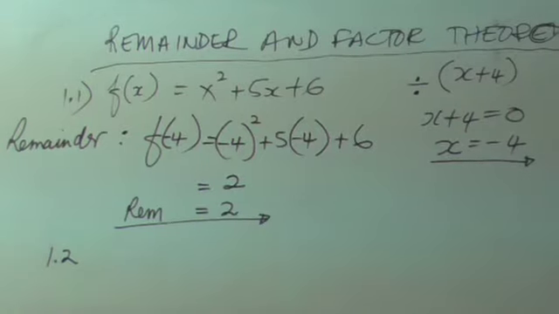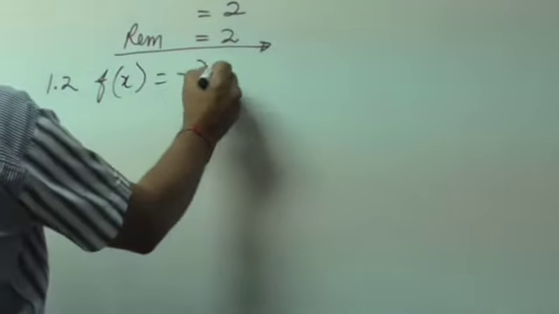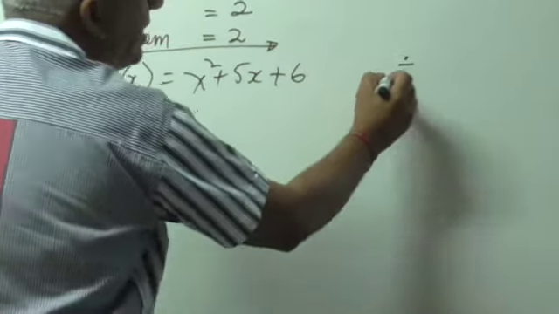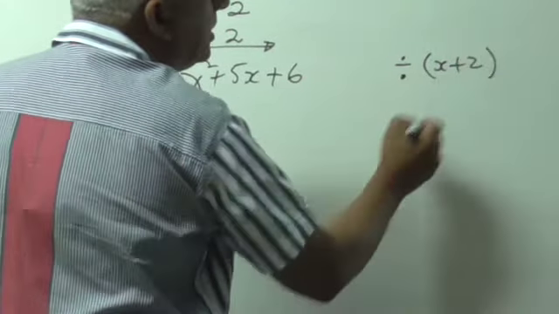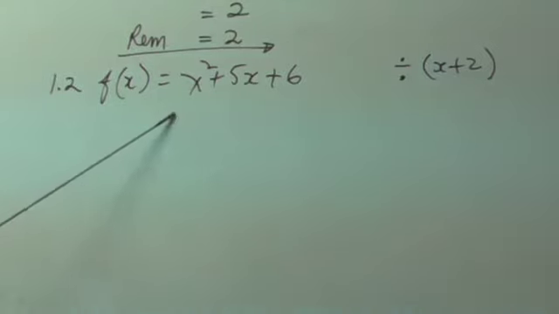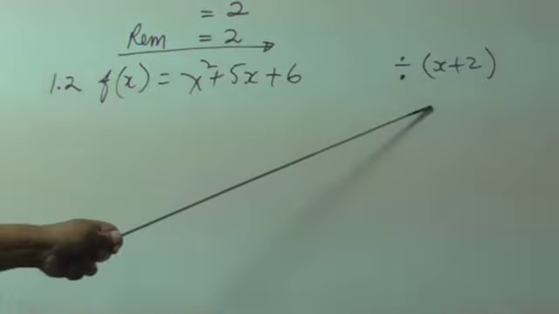In 1.2, f of x is equal to x squared plus 5x plus 6, and it is divided by x plus 2. So what I'm going to do now is I'm going to give you a few seconds. I want you to think in your mind what I'm going to write here.